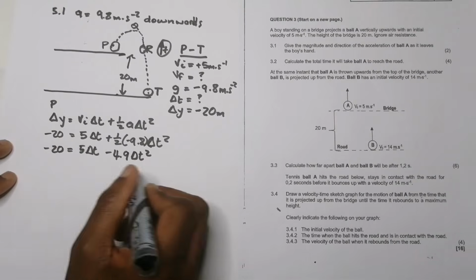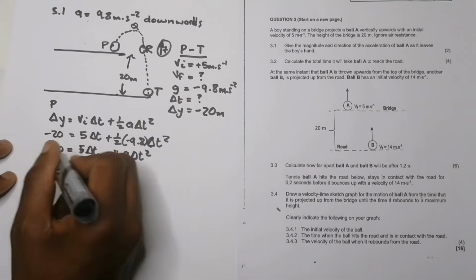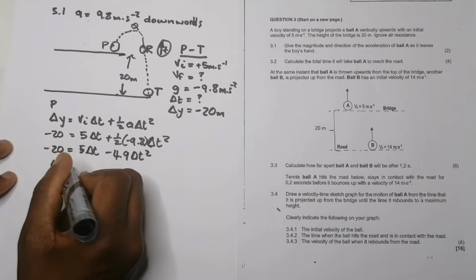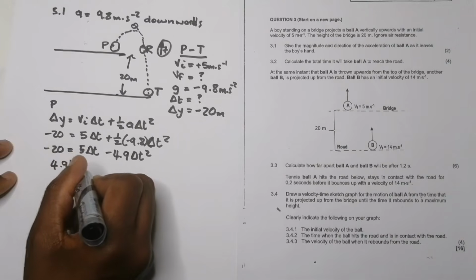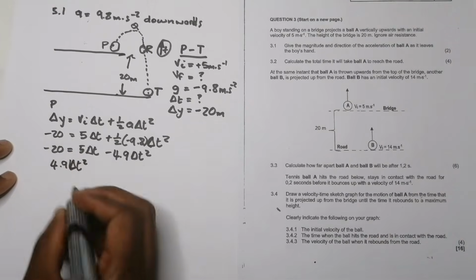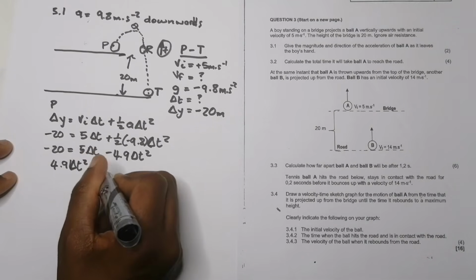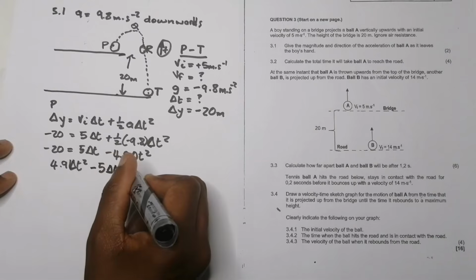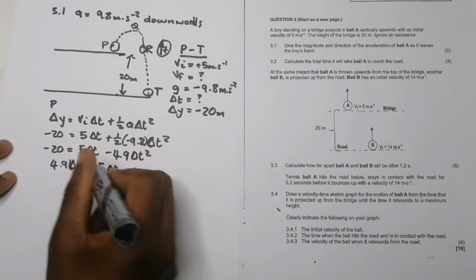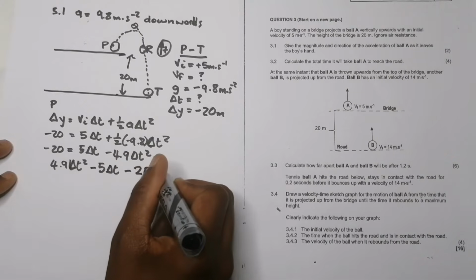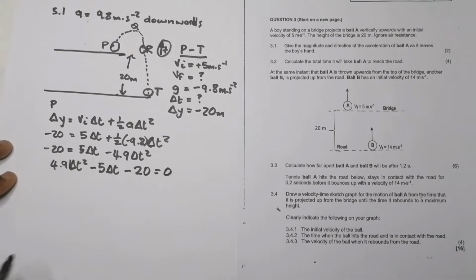If we put that as a quadratic, if we take it to the other side, it becomes 4.9 delta t squared. Okay, you can just call it t squared, right? 4.9 t squared minus 5 delta t minus 20 is equal to 0.